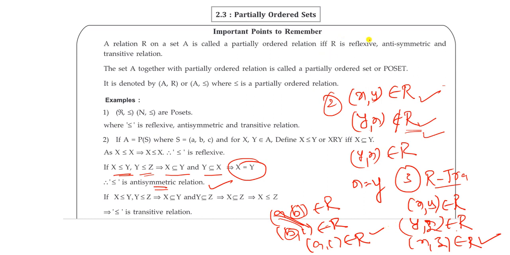So if R is reflexive, antisymmetric and transitive, then we can say that that particular R is a partially ordered set.